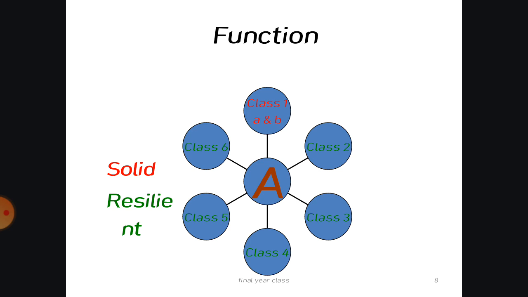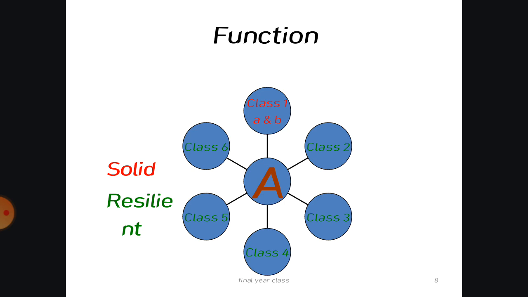Class 1 is considered rigid or solid, and it has two subclassifications, class 1A and class 1B. Class 1A is just solid, and class 1B is solid with a lock attached to the attachment, that is rigid and lockable. Whatever I have entered in green is resilient, whatever I have entered in red is solid.